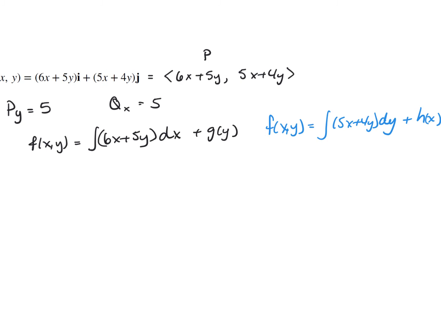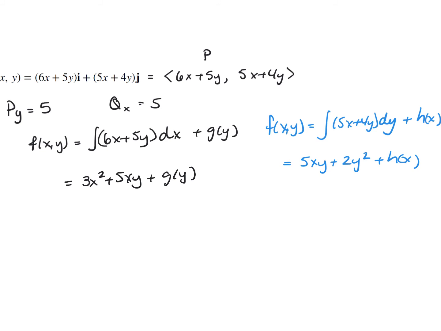All right, doing this first integration with respect to x, we're going to get 3x squared plus 5xy plus g of y. Doing this integration, I'm going to get 5xy plus 4, which is 2, y squared plus h of x.